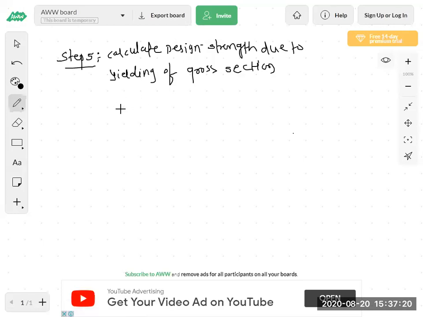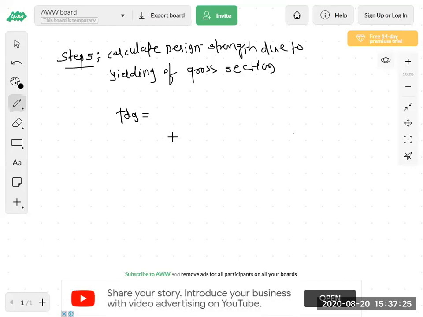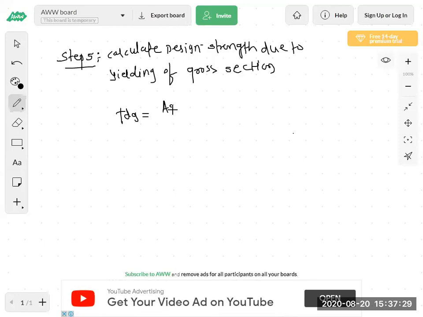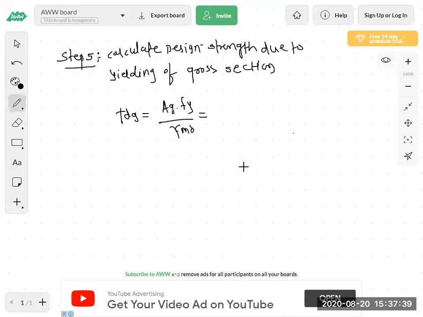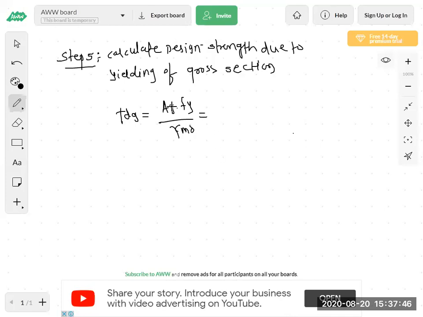Design strength due to yielding of gross section is Tdg. What is the formula for Tdg? Tdg is equal to Ag into Fy divided by gamma m0, where Ag is the gross area of the selected section.